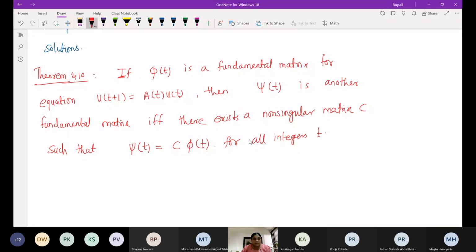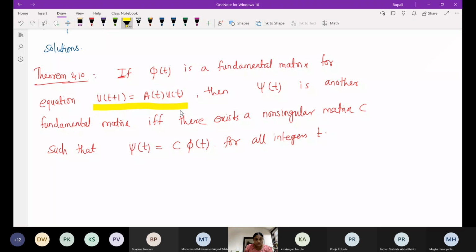What is this theorem? If phi t is a fundamental matrix, it is given that its determinant is non-zero for all t, by our definition of fundamental matrix. Now, we are saying psi t is another fundamental matrix, so we have to prove the determinant of psi t is also non-zero for all integers t, and it is a solution of equation 4.17, which is a matrix analog of equation 4.16.